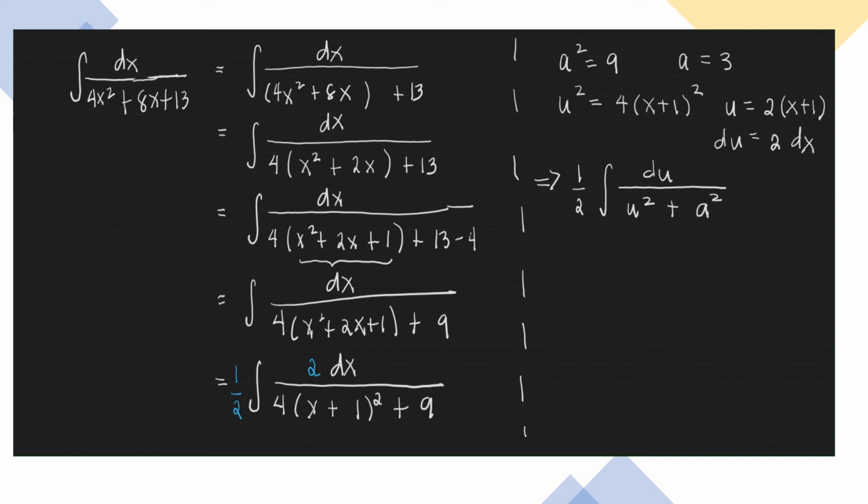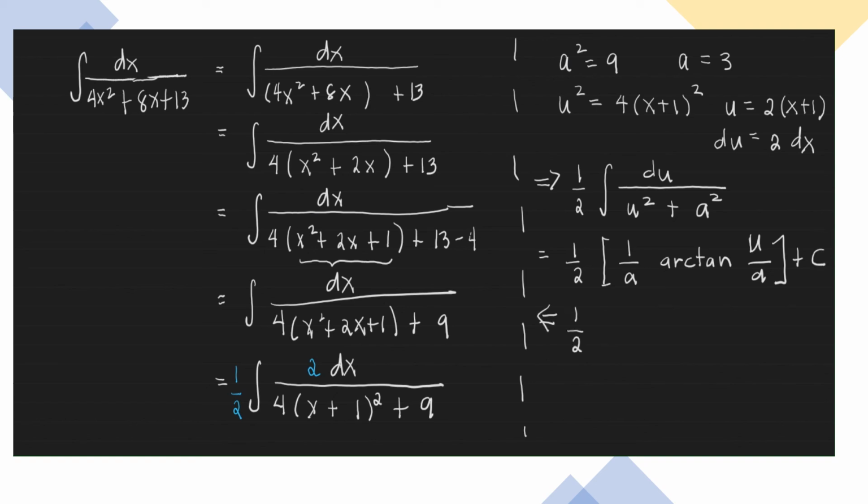So this is now the form solvable by arctangent. We write 1/2. The formula for arctangent is 1 over a arctan, or tangent inverse, of u over a, and then plus c. We perform back substitution.